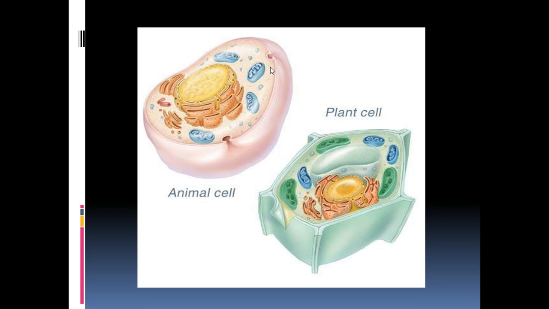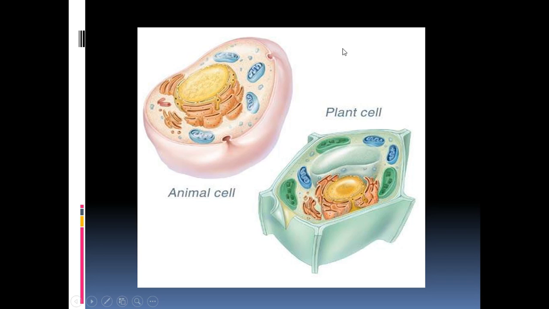And if you look at the picture that we have here, the plant cell and animal cell, you can clearly see that there are a lot of common organelles shared by the two, right? Common organelles and common structures, right?